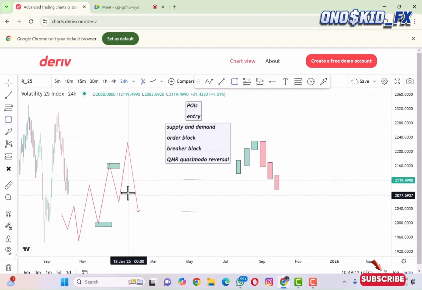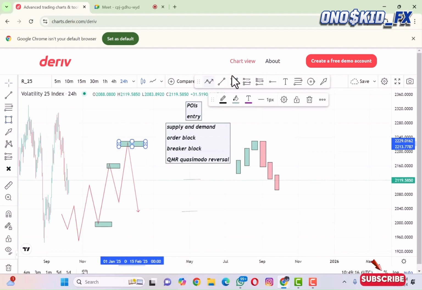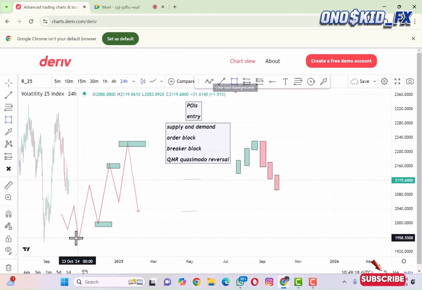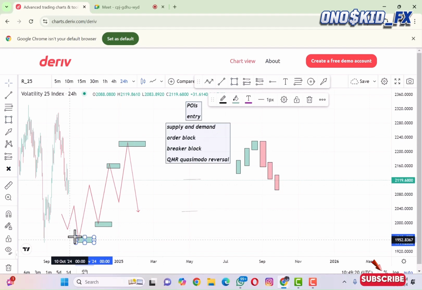For market to come down like this, that means there is a presence of supply that this market has reacted to. The same thing for price to push up from here, that means there is a demand that market has reacted to. So anything at all that you see price reacting to, and then it pushes in the upward direction, you refer to as a demand level.